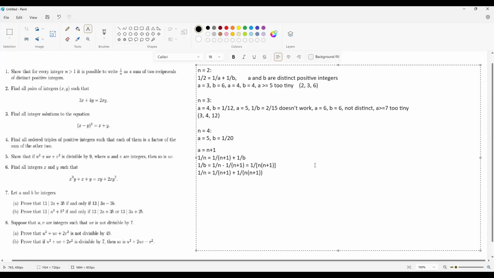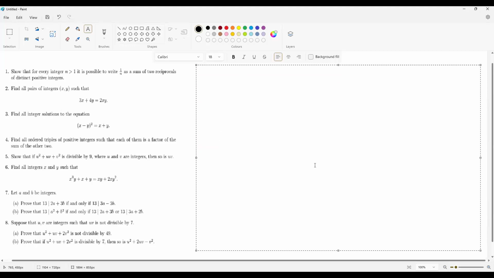Problem 1, done. Problem 2, instantly, that's Simon's Favorite Factoring Trick. Alright, move the various variables to the same side. Moving the variables to the same side is always useful, by the way. Obviously for Simon's favorite factoring trick, we need to move them to the same side, but in general, it's always a good idea.